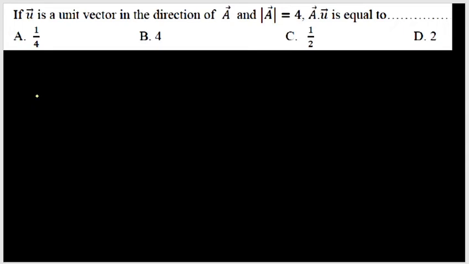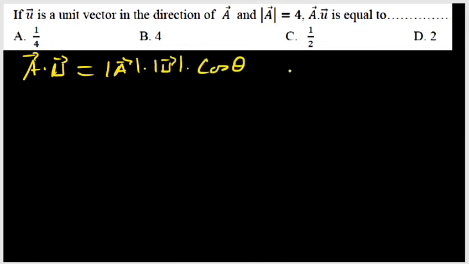Next question. If u is a unit vector in the direction of A and magnitude of A is given, then what is A dot u? This is equal to magnitude of A times magnitude of u times cosine of theta. But A and u are in the same direction.